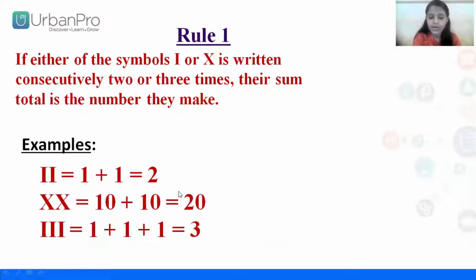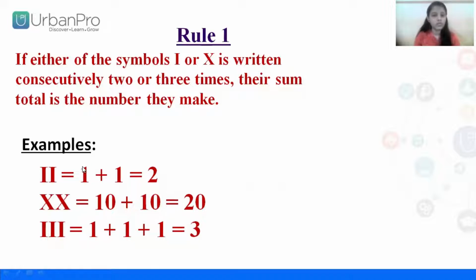So the Roman numeral for the number 20 is 2 X's. Coming to the next, I, I, I shows 1 plus 1 plus 1, which is nothing but 3. So the Roman numeral for 3 is 3 I's. Okay, hope you're clear with this rule 1.